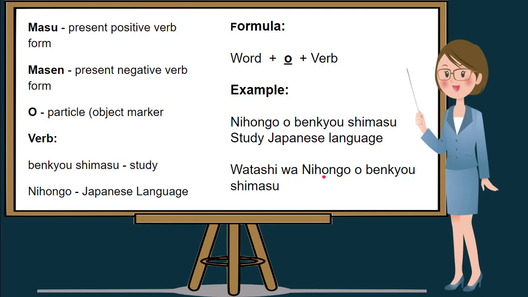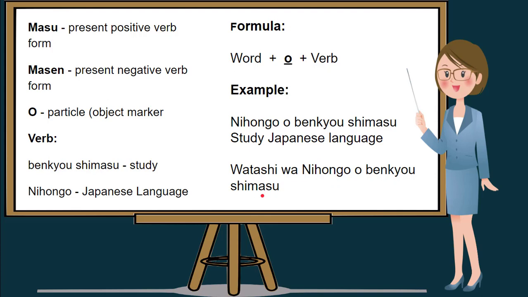How about if we make this in present negative verb form? We only need to replace shimasu with shimasen. So, this sentence will become Watashi wa Nihongo o benkyou shimasen.